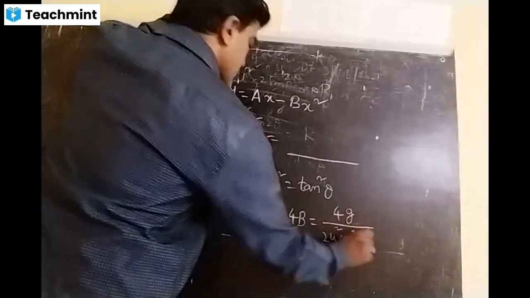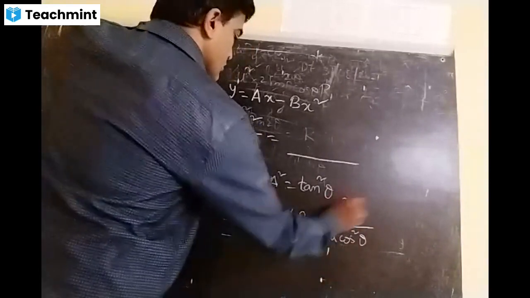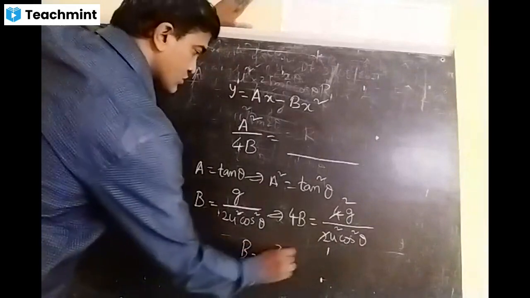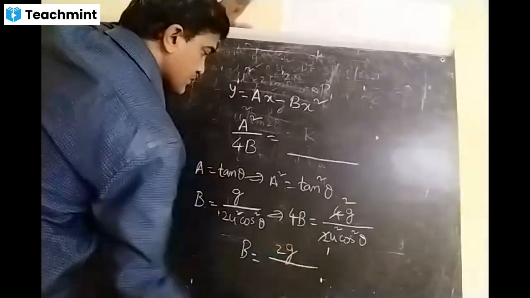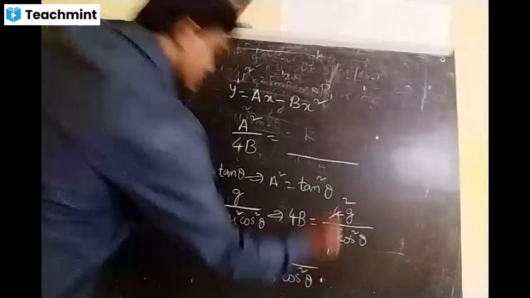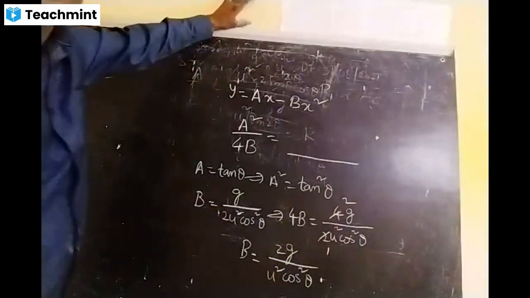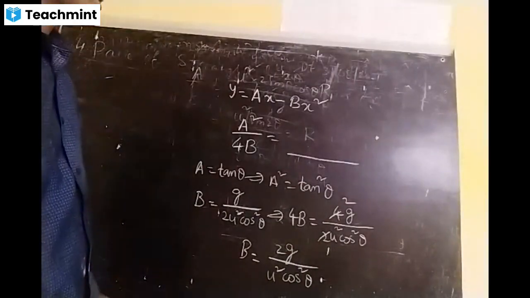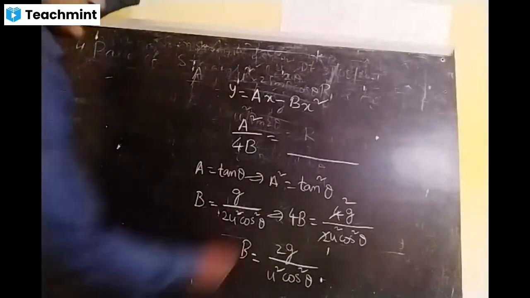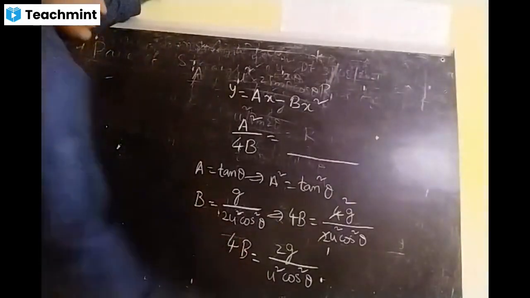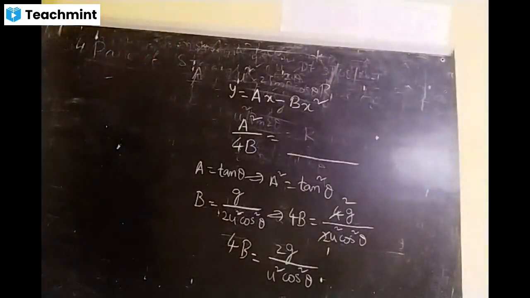I can cancel 2, so 4b is equal to 2g by u square cos square theta. Now I want a square by 4b value.